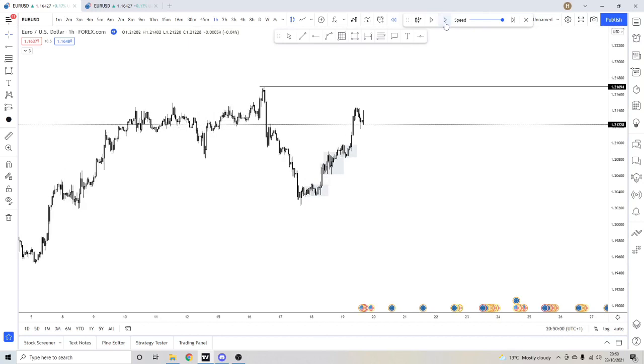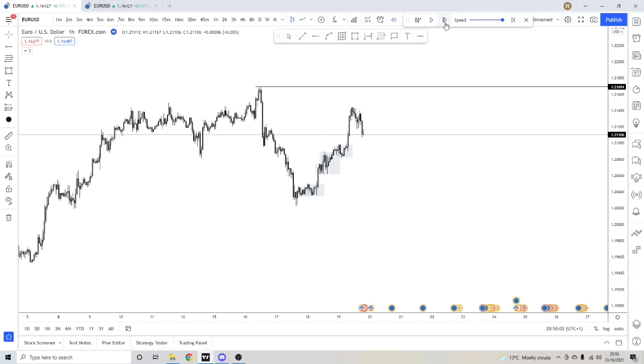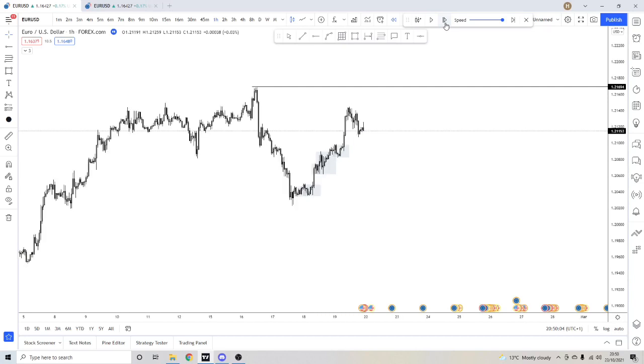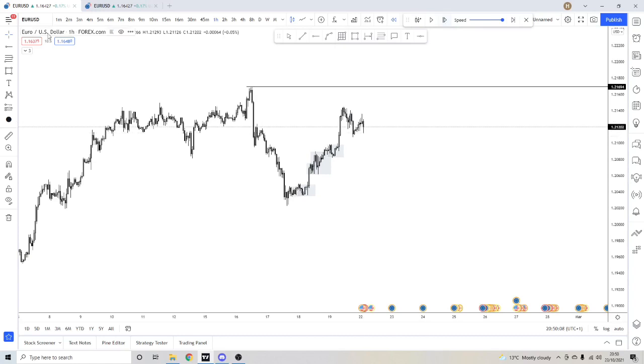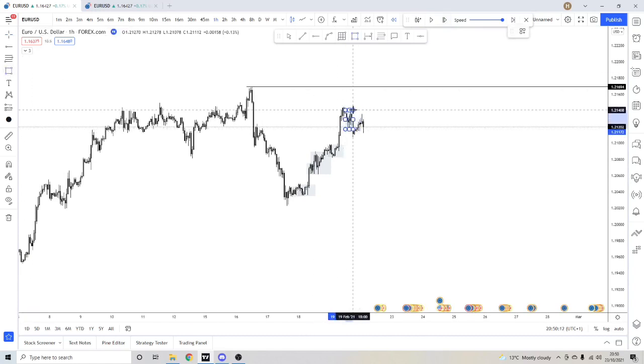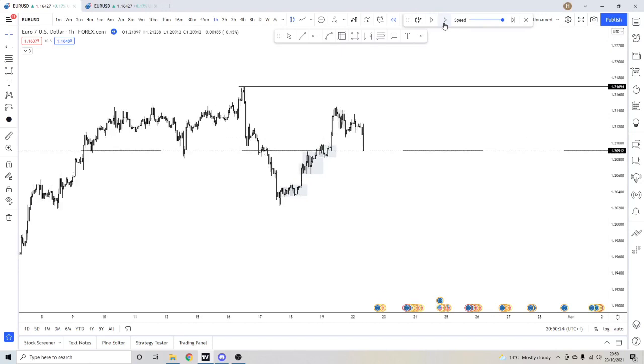Which we react, and these supply ranges are holding. So now we can see that these supply ranges are just used to sell back into this unmitigated recent range.